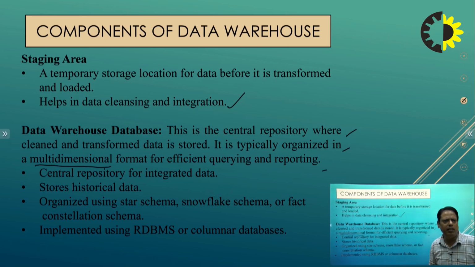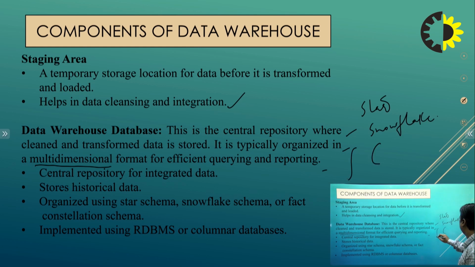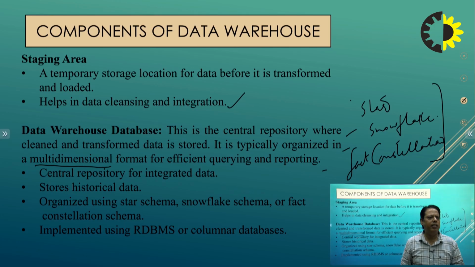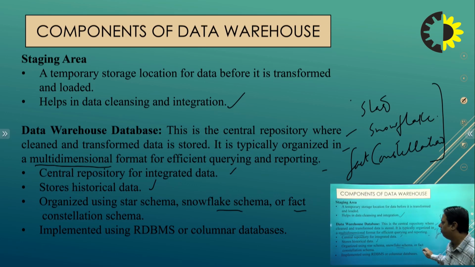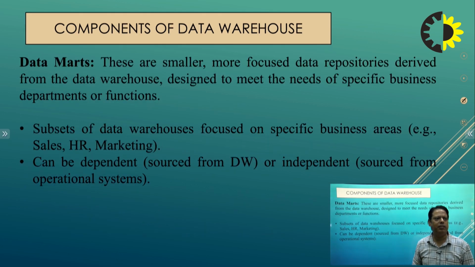Multidimensional means we provide the structure of data like star schema, snowflake schema, and fact constellation schema. These three types of multidimensional structures are provided in the data warehouse. It is a central repository for integrated, historical data, organized using star schema, snowflake or fact constellation schema, and implemented using RDBMS or column-based databases.